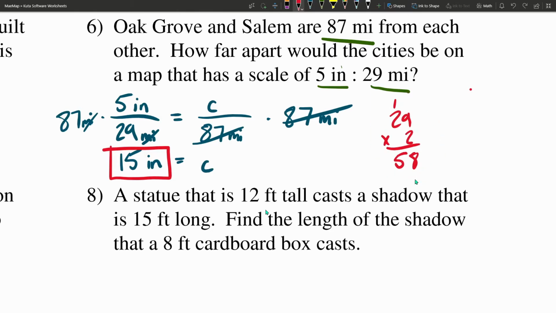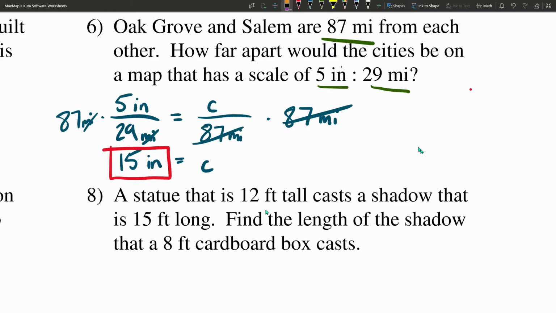So not quite 87. Let me try 29 times 3. 9 times 3 is 27. And 87 ends in a 7, so this might be the winner. Carry over our 2. 2 times 3 is 6. Plus 2 is indeed 8. So again, 15 inches is how far Oak Grove and Salem are apart on the map.